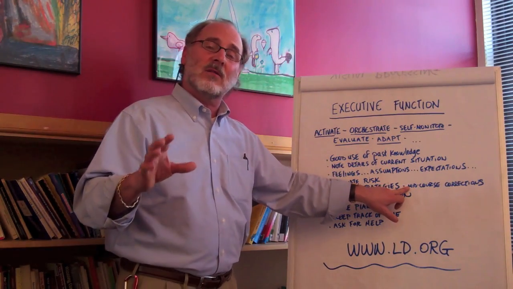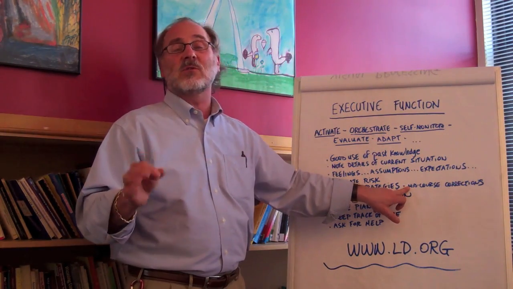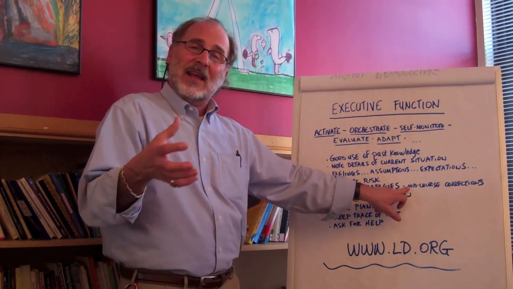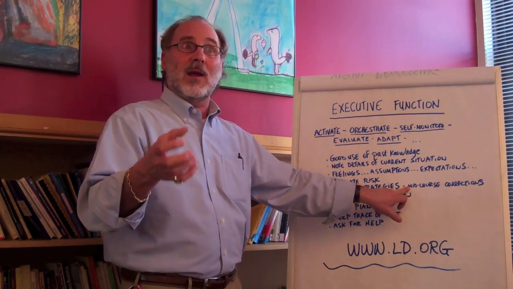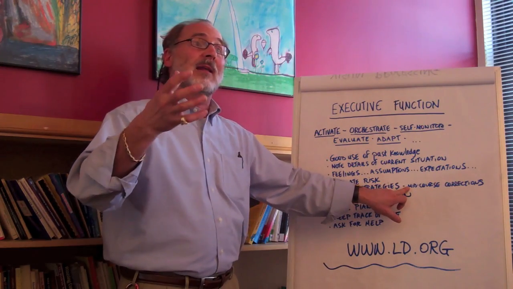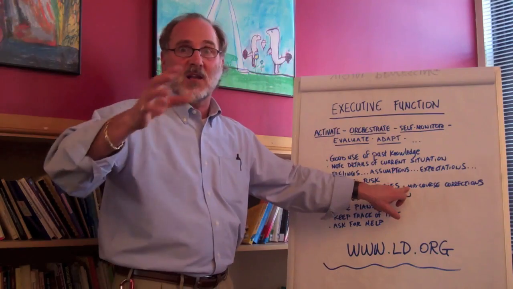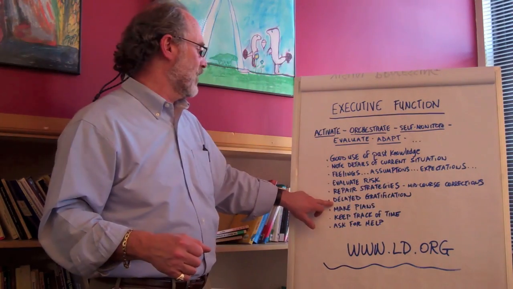And this is a particular area where students with learning disabilities often have a huge amount of difficulty. They get stuck. They do something the way they think it will work, and if it doesn't work out for them, they have difficulty switching gears and adjusting and trying something different.